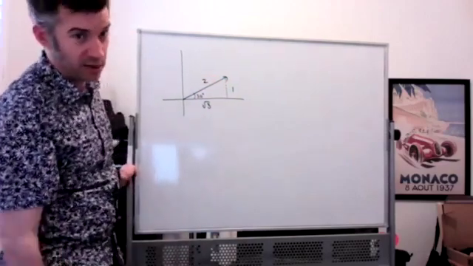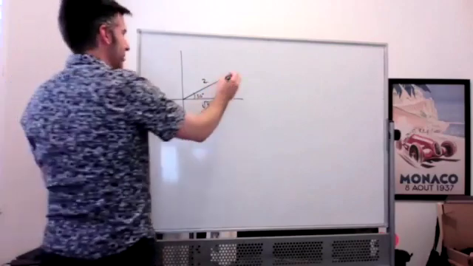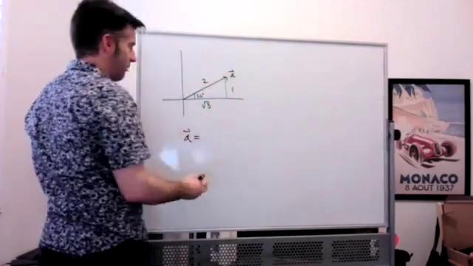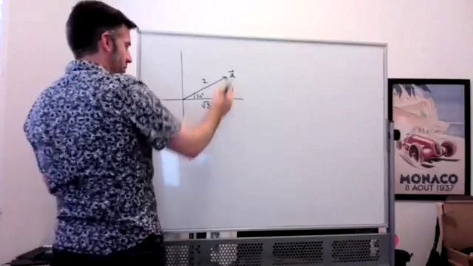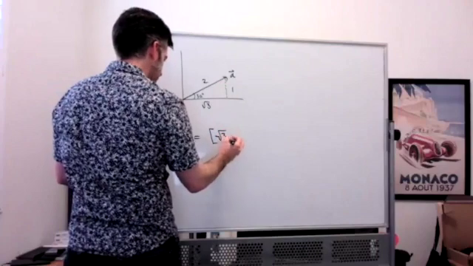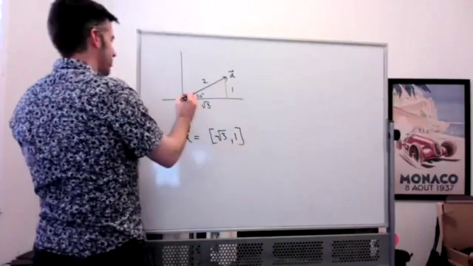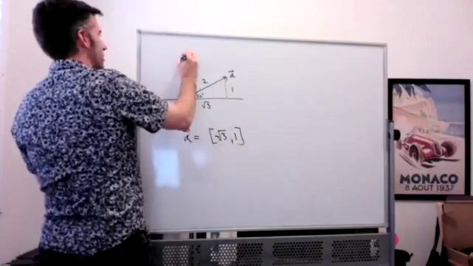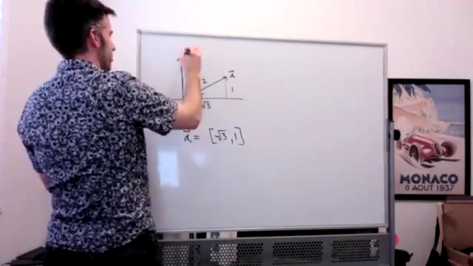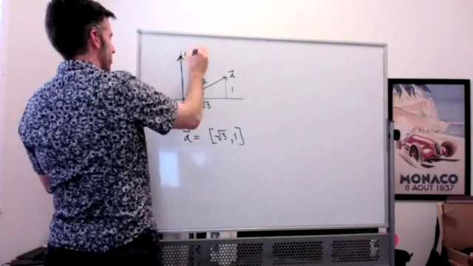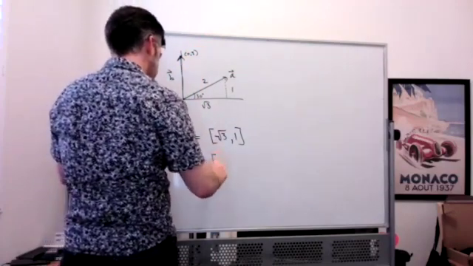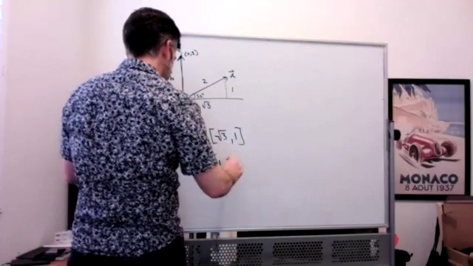I know it's been a while since the trig, but let's say that A is the vector root 3 comma 1, over root 3 and up 1. And let's say B is the vector 0, 3, over 0 and up 3.